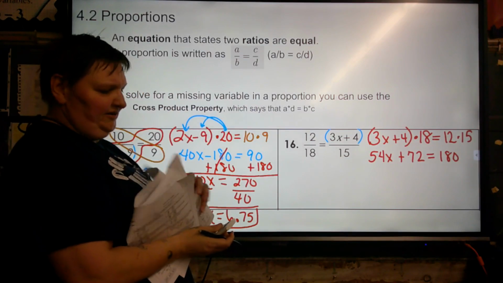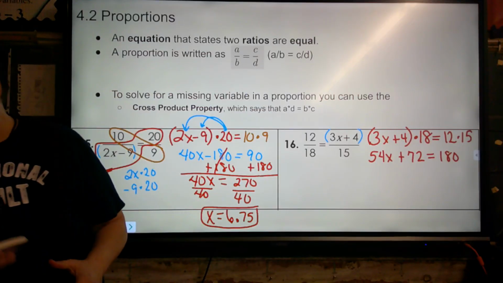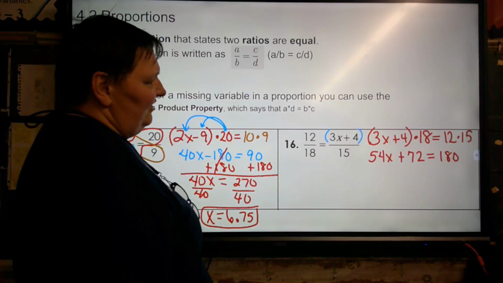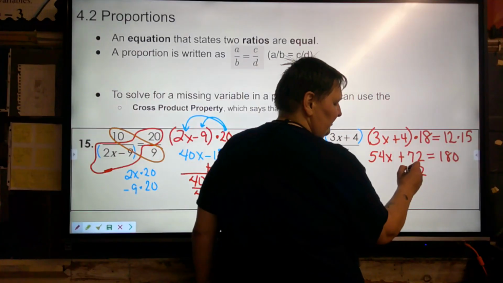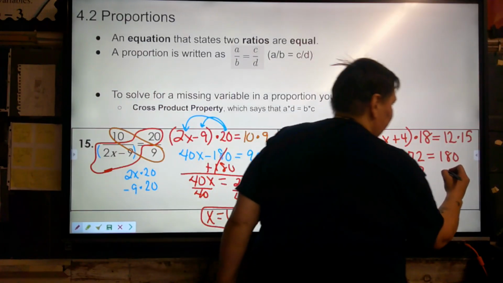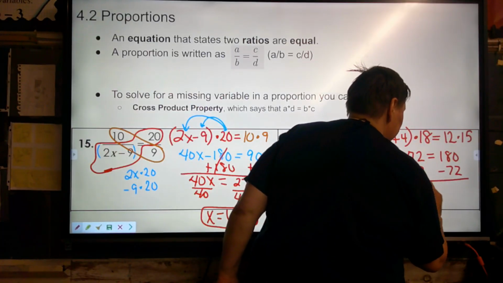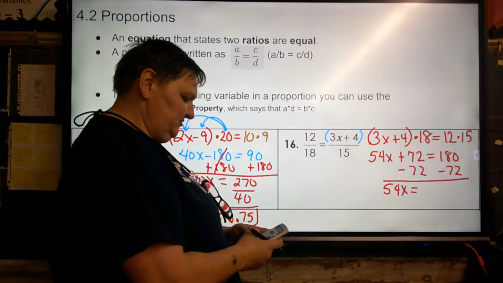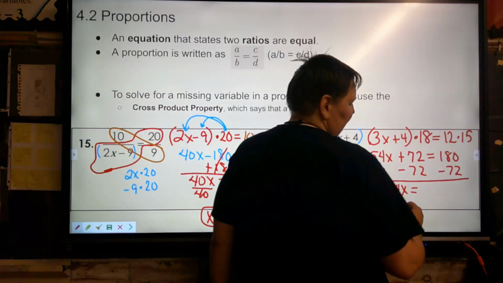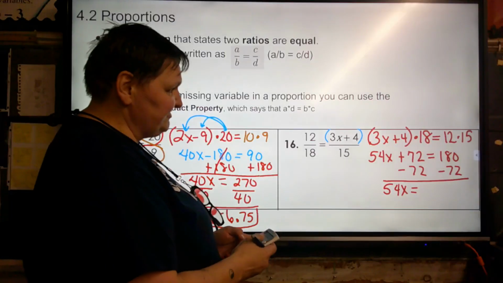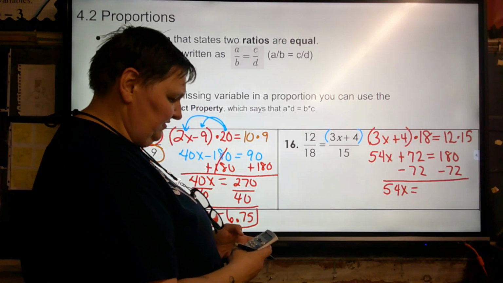There's nothing we can combine because they're not like terms. We can subtract 72 from both sides because this is a positive 72. So to cancel it, we can use inverse property, which gives us 54x equals 180 minus 72. 71? That doesn't sound right. Sometimes you just have to ask yourself, does that even make sense? 180 minus 72 is 108.